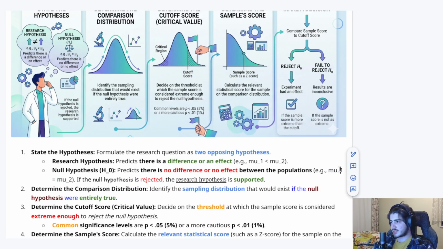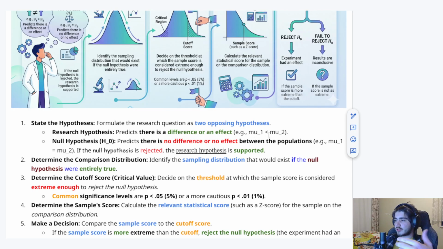Mu1 in this case is the mean of the first population, which would be equal to the mean of the second population. This essentially means that the averages are the same. But in our research hypothesis, we're saying that the first population's mean would be lower than the second's. This is what we are claiming.